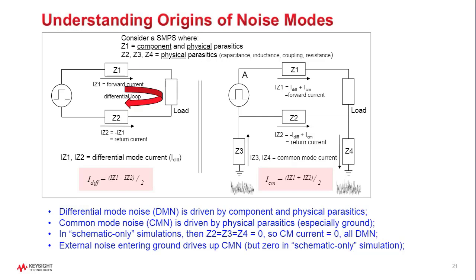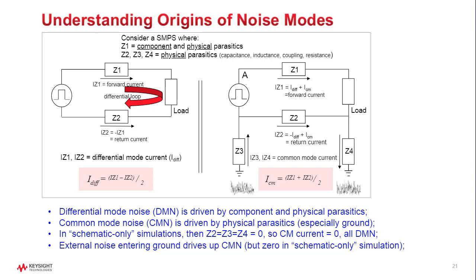And you have no losses, and the voltage potential anywhere on that plane is 0. In addition, if you look at the termination Z3 and Z4 on the source and the load, left and right, if those termination impedances are also 0, then again, you've got perfect ground references at your source and load.